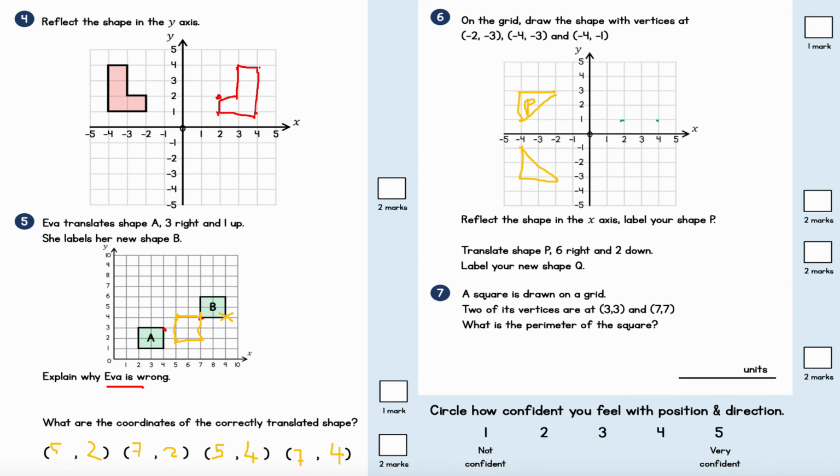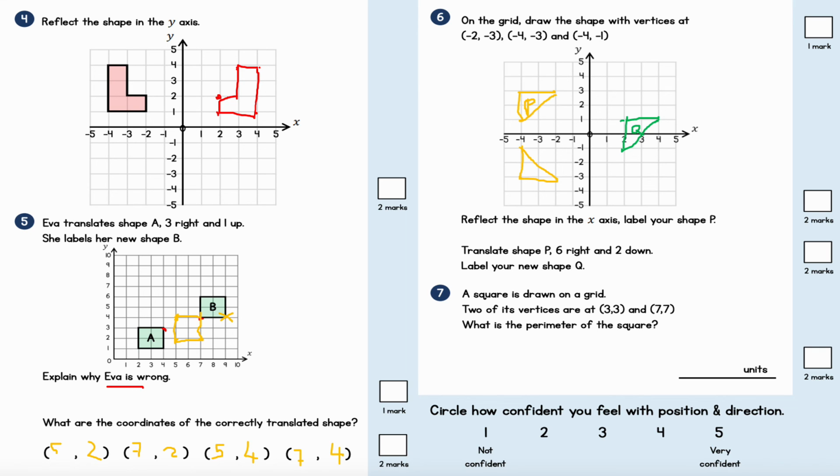Remember that a translation just means a movement, so it's the same shape, but it's just been shifted, it's been moved. 1, 2, 3, 4, 5, 6, 1, 2. So it's going to be there. I'm going to label that shape Q. Okay, so that's my answer for that question.